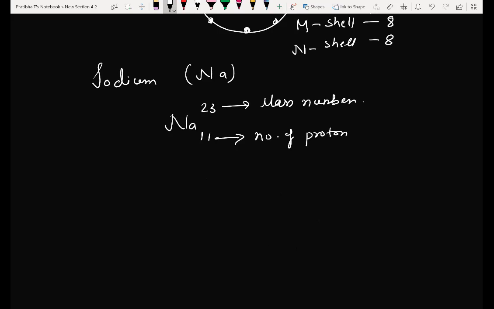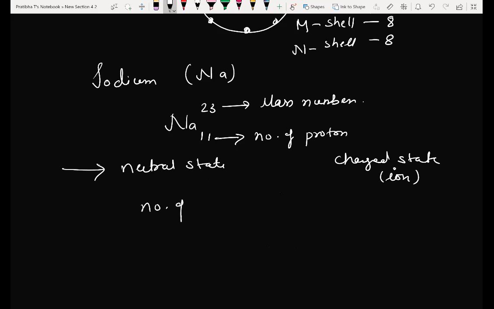Clear, guys? Now here, what we have to do, how we are going to find it. The atom is in two states. One is called the neutral state and one is called the charged state. Basically, we are calling it the ion state. It can be positive, it can be negative, that we will discuss later. So right now we are going to focus on the neutral state. In the neutral state, what is the condition?